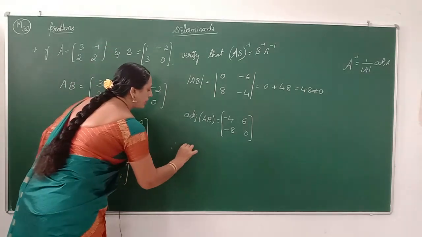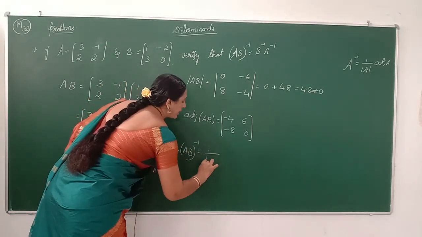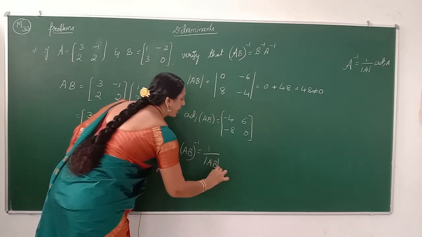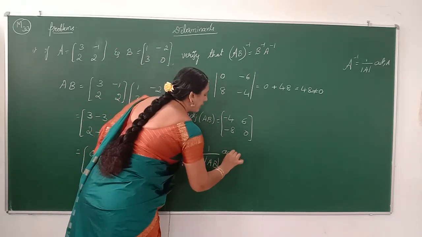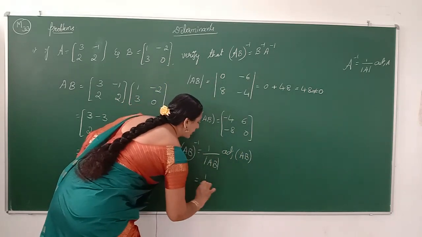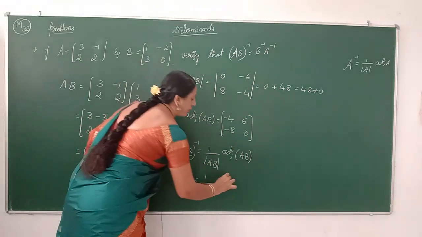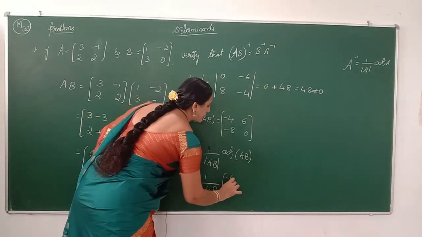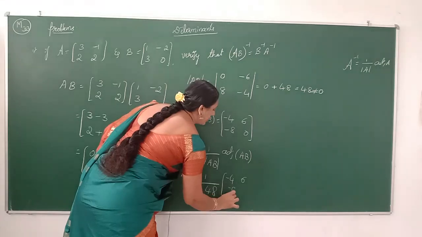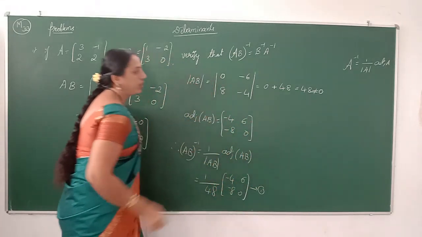Therefore (AB) whole inverse can be written as 1 divided by determinant of AB into adjoint of AB, that is 1 divided by 48 into [-4, 6; -8, 0], and let it be called equation 1.